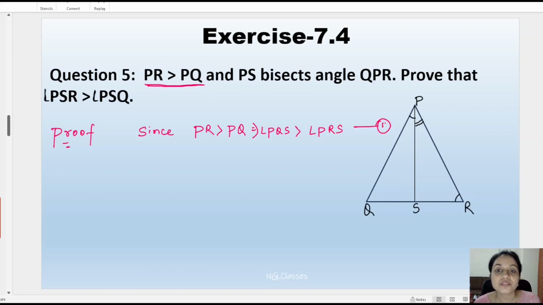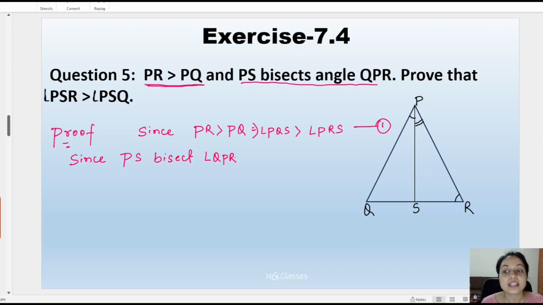Now it is also given in the question that PS acts as a bisector of angle QPR. So since PS bisects angle QPR, we can write that angle QPS is equal to angle SPR. Let's say this is equation 2.